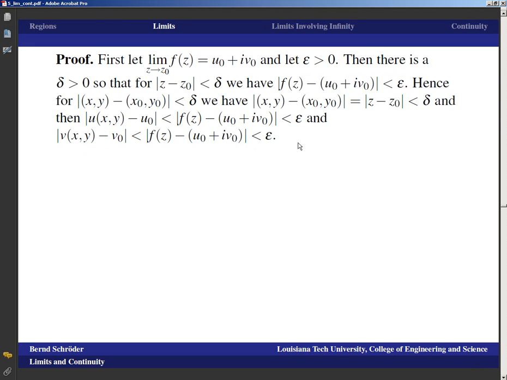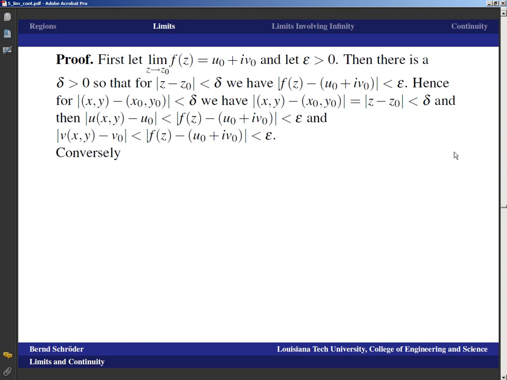And so basically that means that the limit of u as (x,y) approaches (x0,y0) is u0, and the limit of v as (x,y) approaches (x0,y0) is v0, because there is a delta so that when |(x,y) minus (x0,y0)| is smaller than delta, we have that |u minus u0| here is smaller than epsilon, and |v minus v0| is smaller than epsilon, also in absolute value.